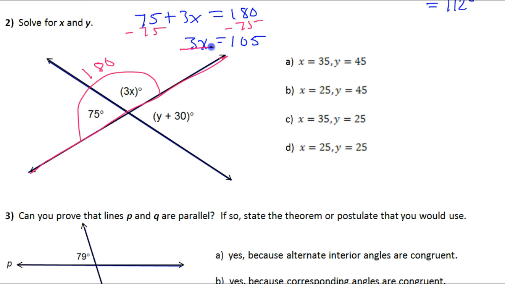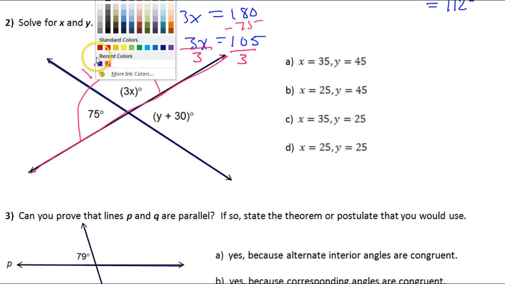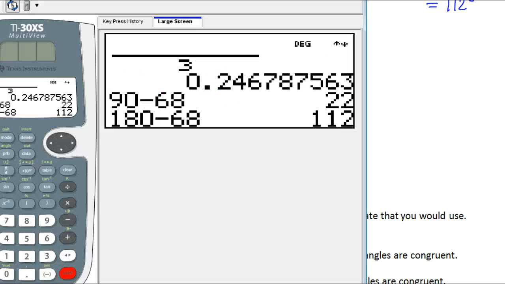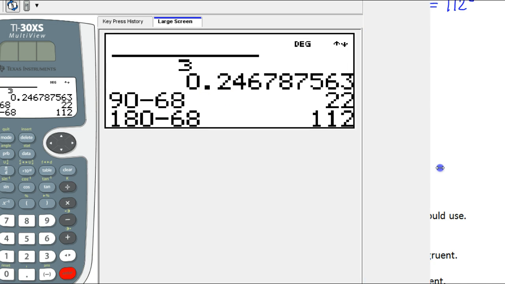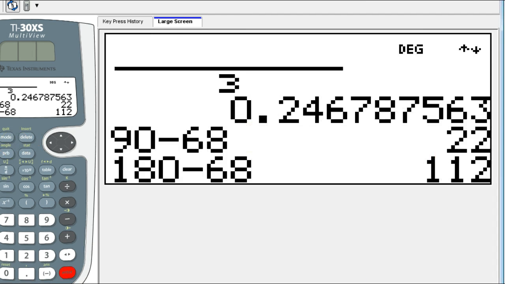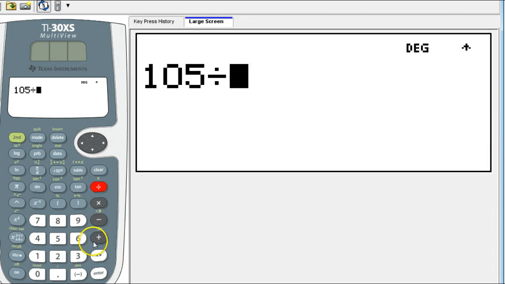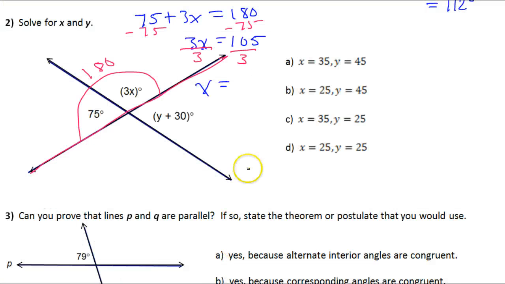Then you could divide both sides by 3. That's 35. So X is 35.